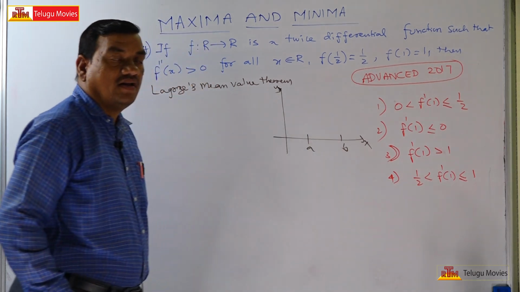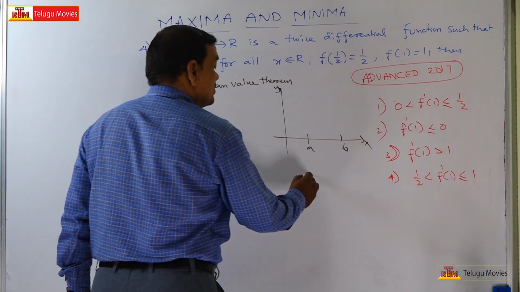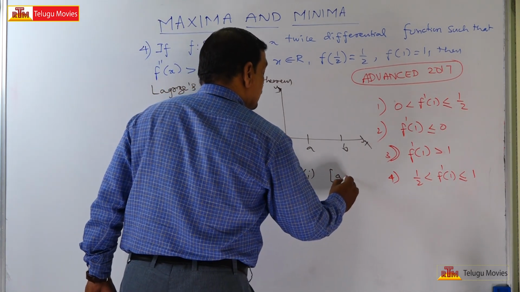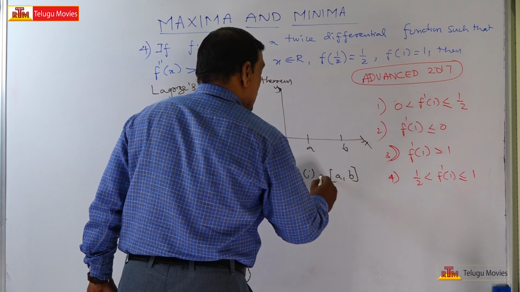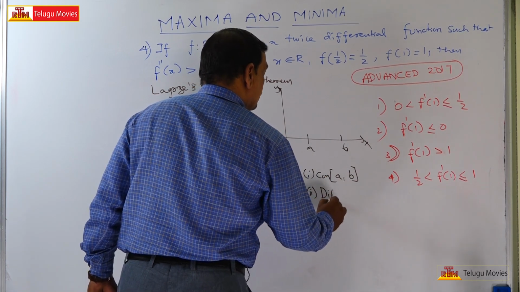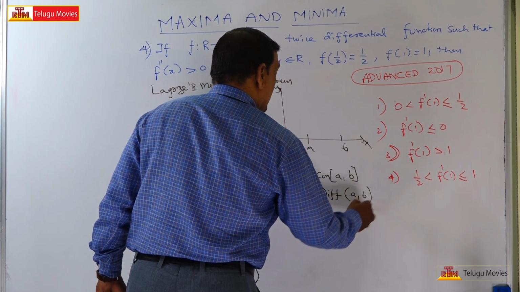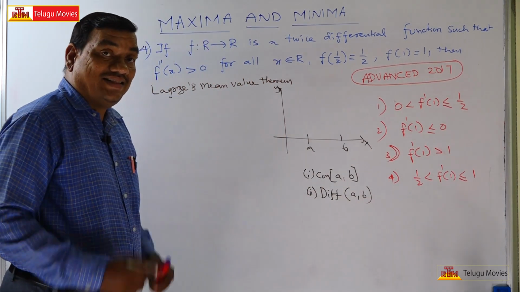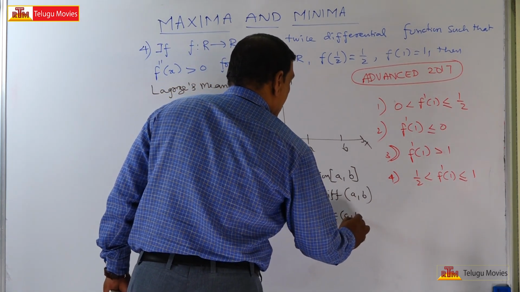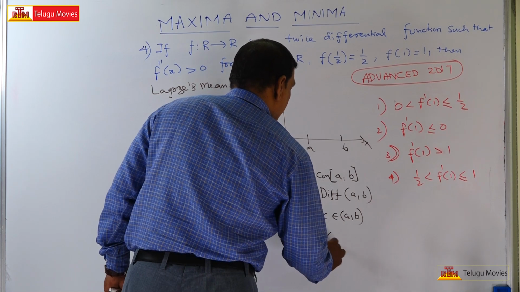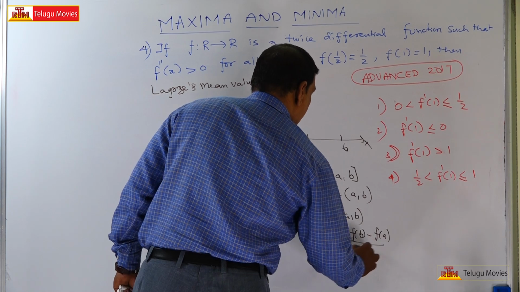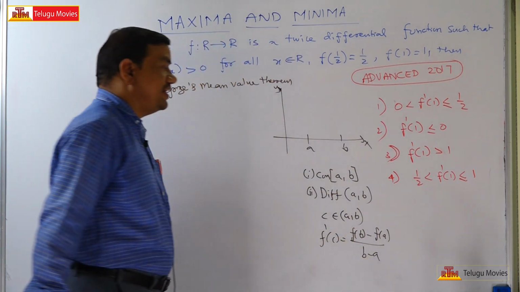In this interval, the first condition is that the function is continuous in the closed interval. The second condition is that it is differentiable in the open interval a comma b. Then there exists a number c belonging to a comma b such that f dash of c is equal to f of b minus f of a by b minus a, where b is not equal to a.